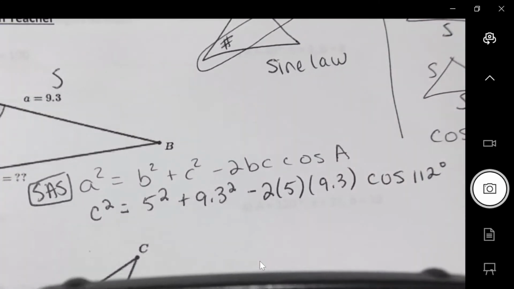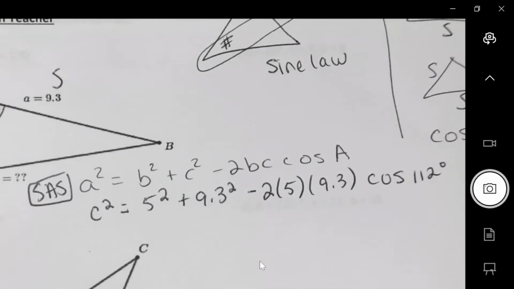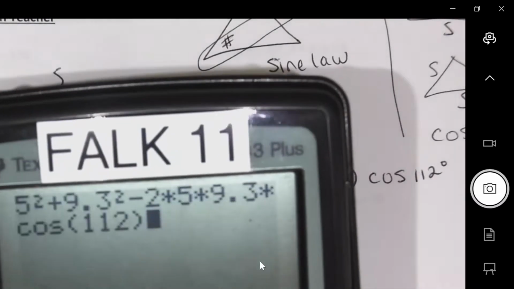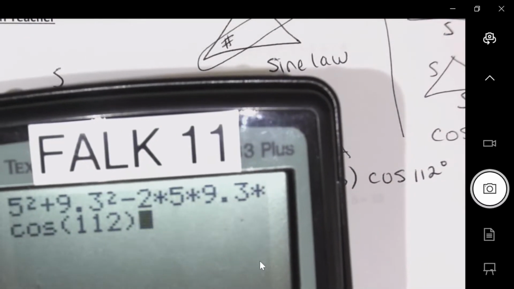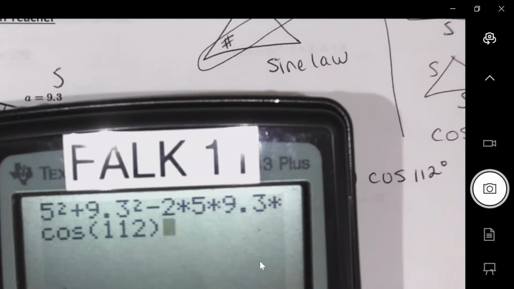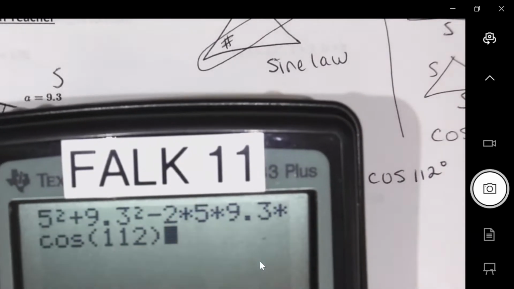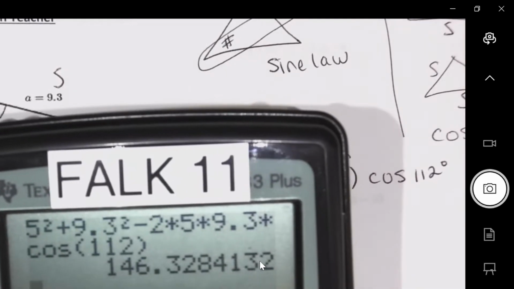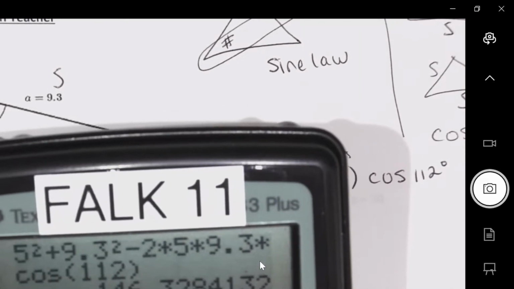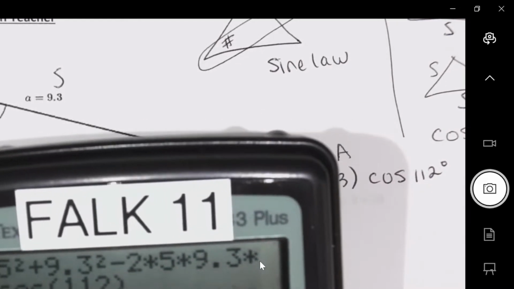Okay, here we go. 5 squared... Okay, so I can type it all in one line and I'm getting 146 and change. But then I'm going to square root my answer after.